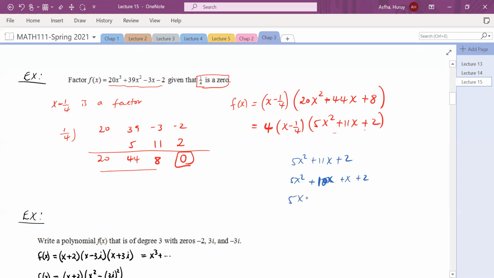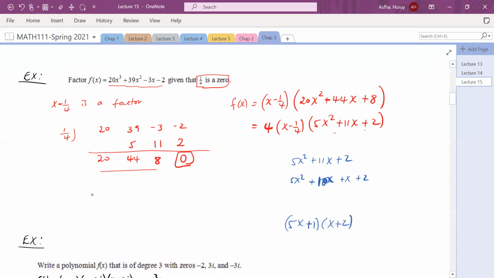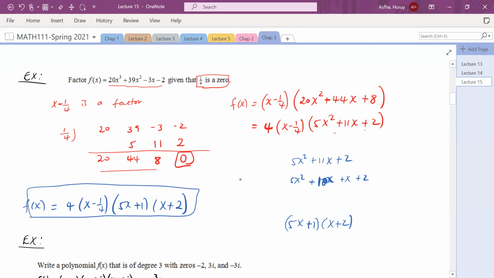So from this we have 5x plus 1 and x plus 2. Therefore, the function f of x is factorized as 4 times x minus 1 over 4, and then we have 5x plus 1 and x plus 2. So this is the factorized form of this polynomial.